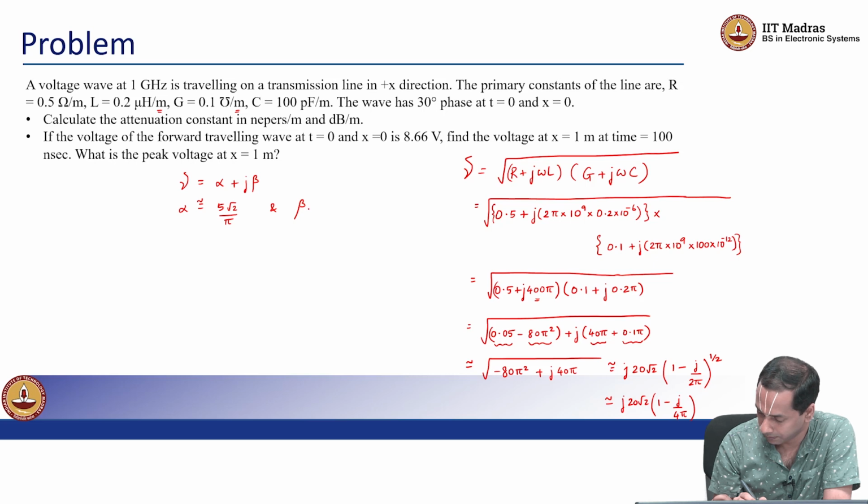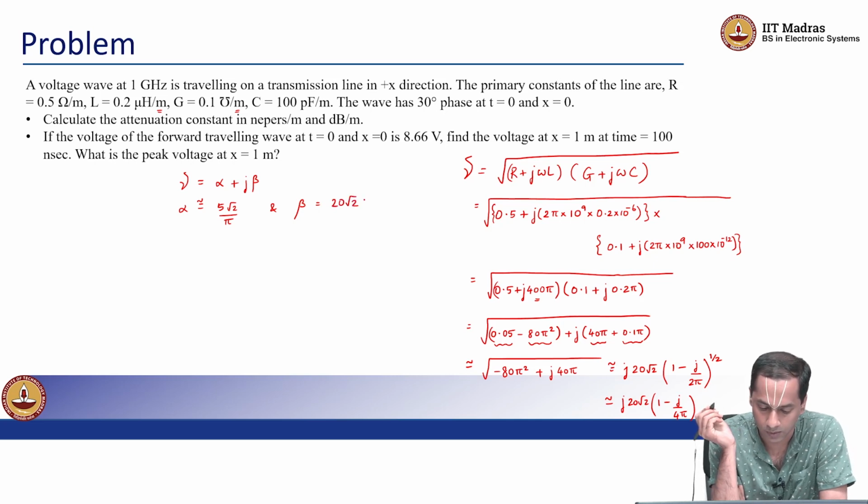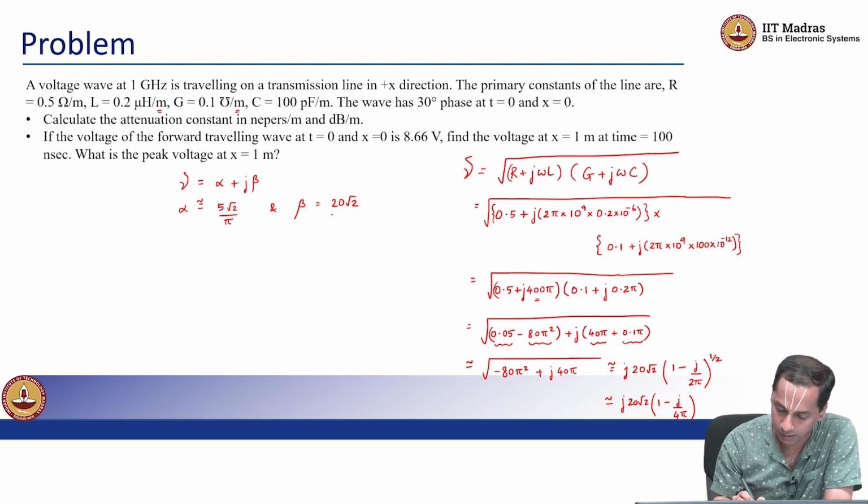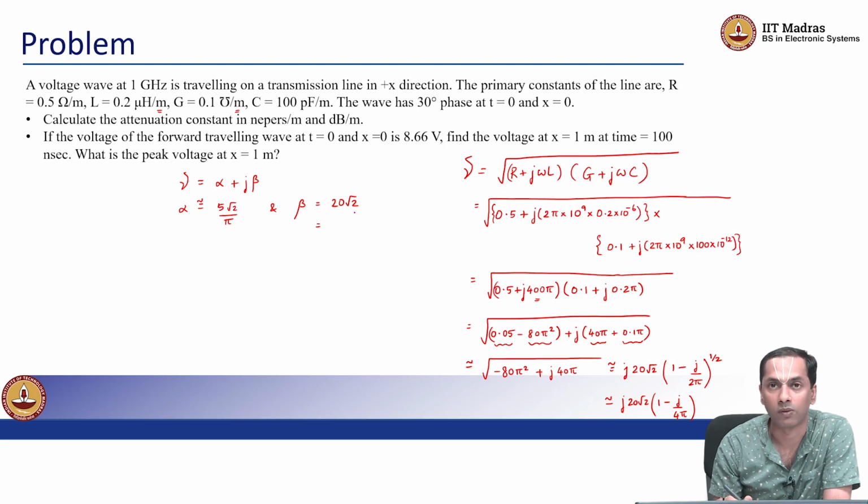Okay, and beta is again 20 square root of 2. Okay, so beta is in radians per meter. Square root of 2 is around 1.41, and when I multiply that by 20, I perhaps get about 28.2.